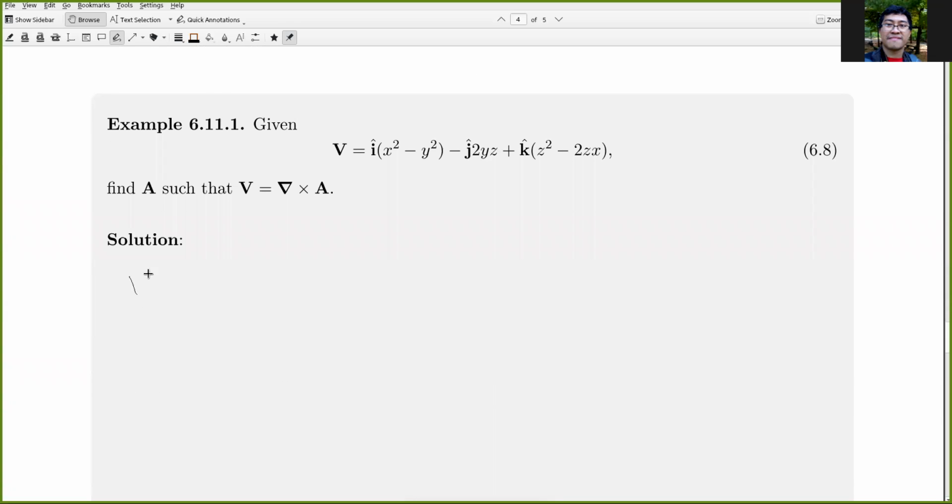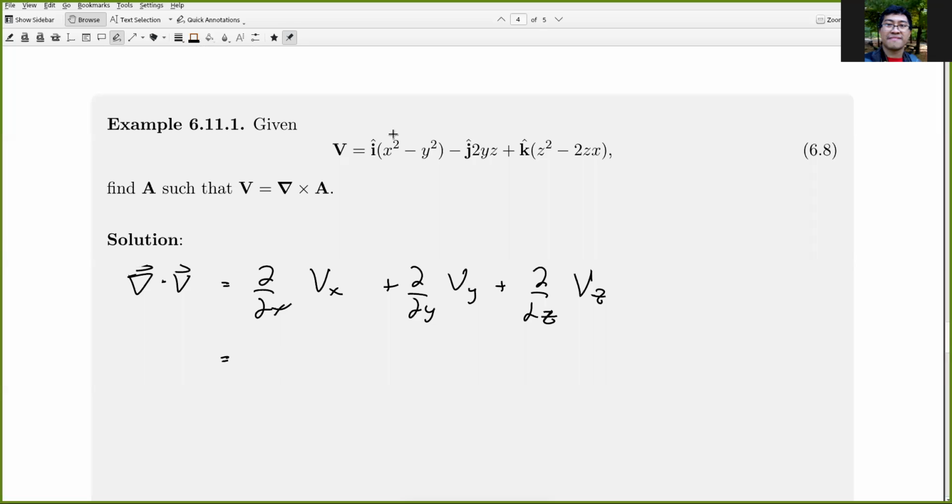Let's find del dot V. So del dot V would be partial with respect to x of x squared minus y squared, or to be complete, let me write it as Vx, partial with respect to y, Vy, partial with respect to z, Vz. Let me solve the partial derivatives directly.